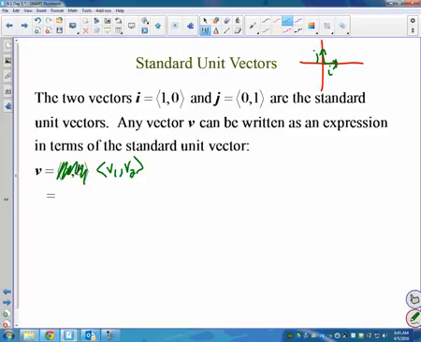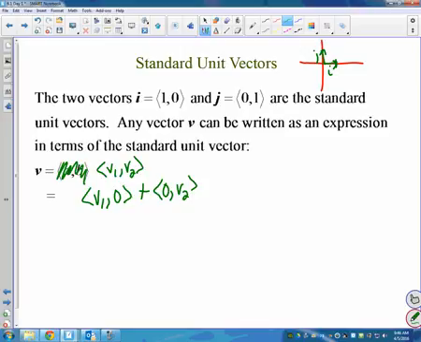So I could separate this into 2 vectors, using our rule of addition. I could write that as v1, comma 0, plus 0, comma v2. Do you agree that if I added that together, it would equal back to my regular vector? It's v1 plus 0 is v1, and 0 plus v2 is v2. Trying to get to a point here.